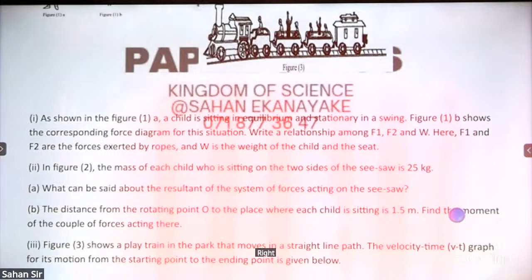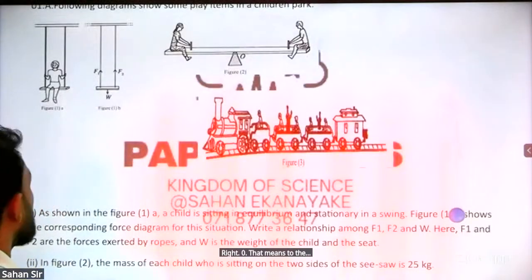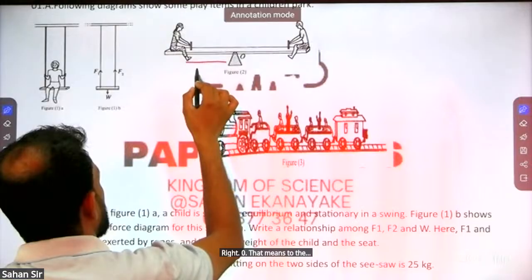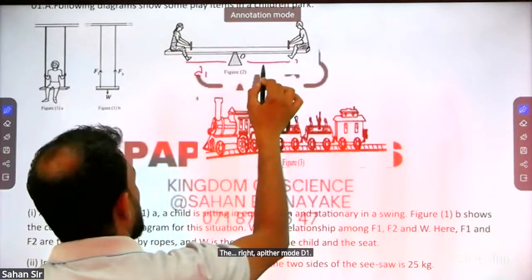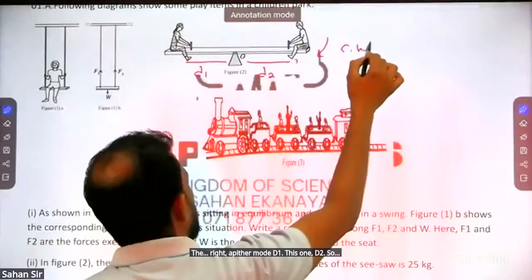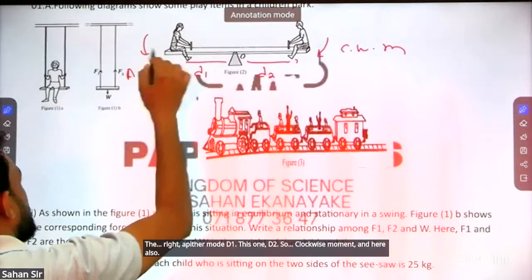Right. Resultant force එක 0. That means පුතා, let's take D1, this one D2. So clockwise moment, and here also anti-clockwise moment.